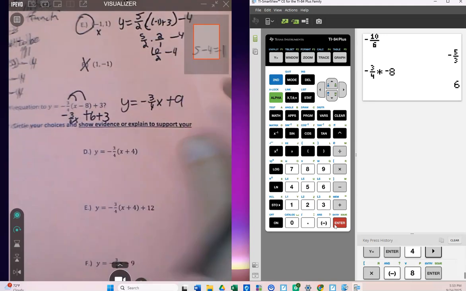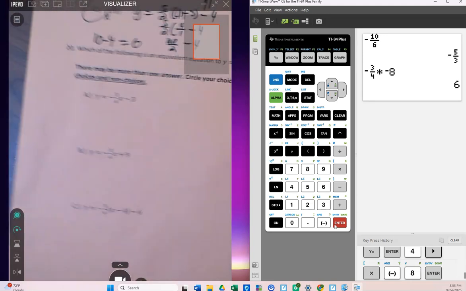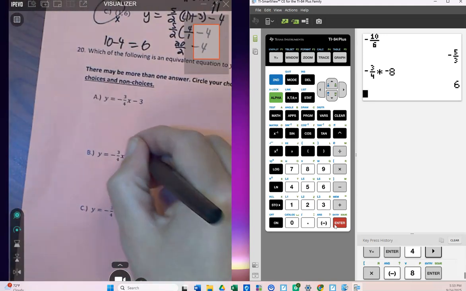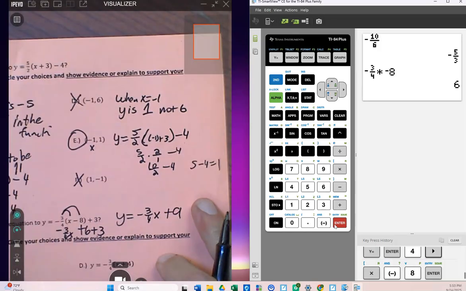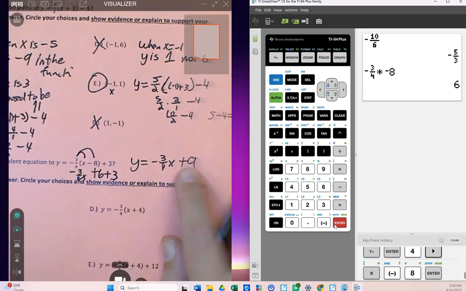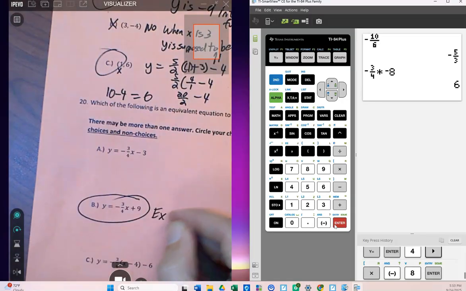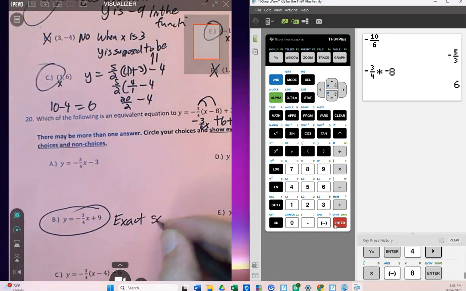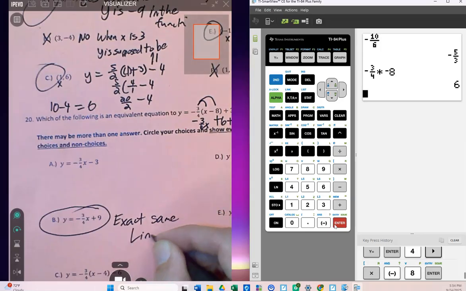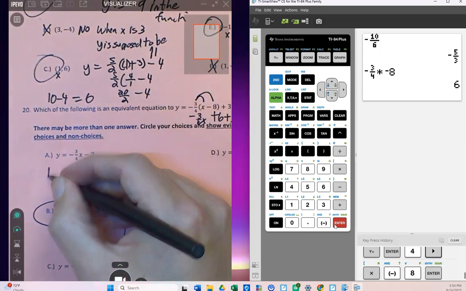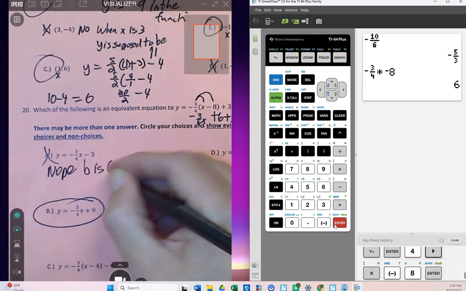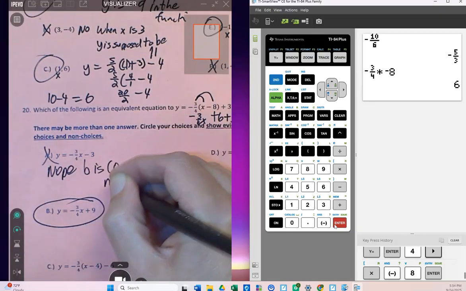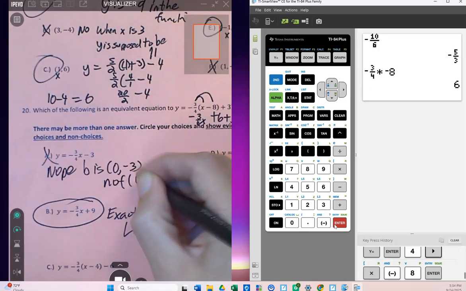Okay, so which one of these is equivalent down here? Well, one's screaming at me here. That was the exact same line. Oh, look at this one. Nope. B is 0, negative 3, not 0, 9.